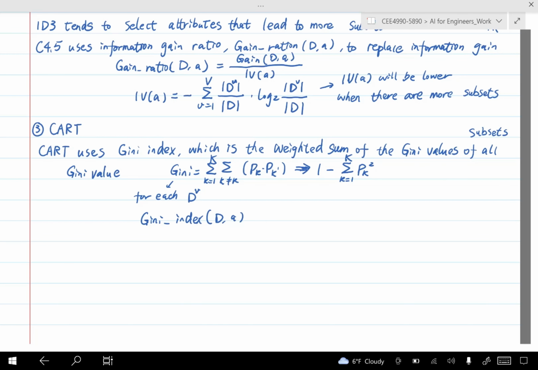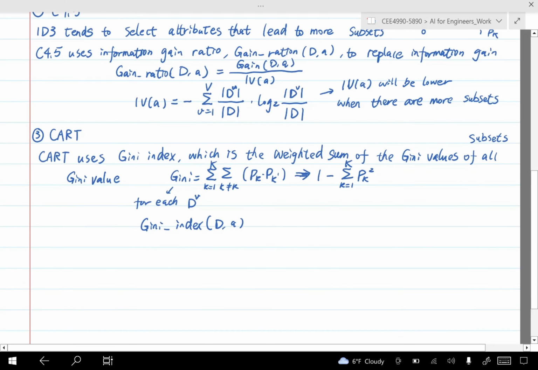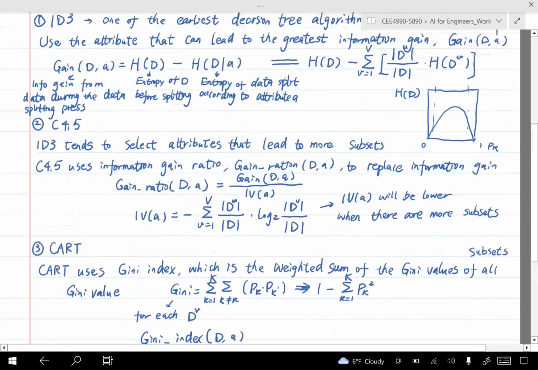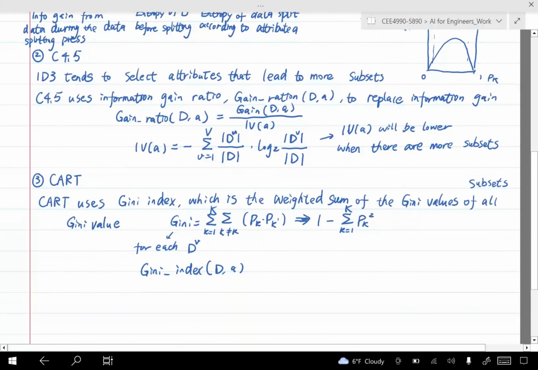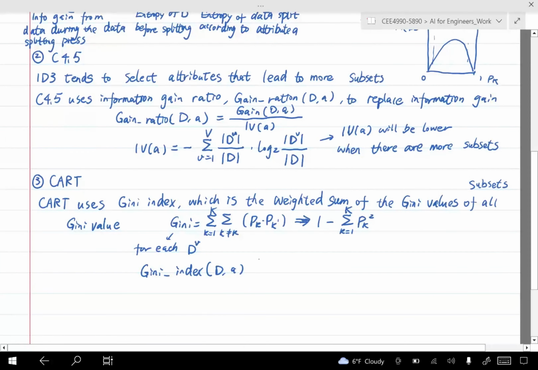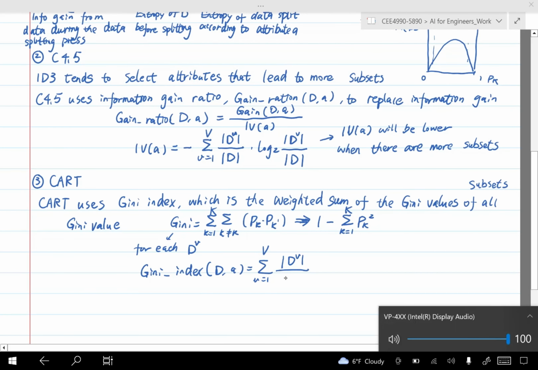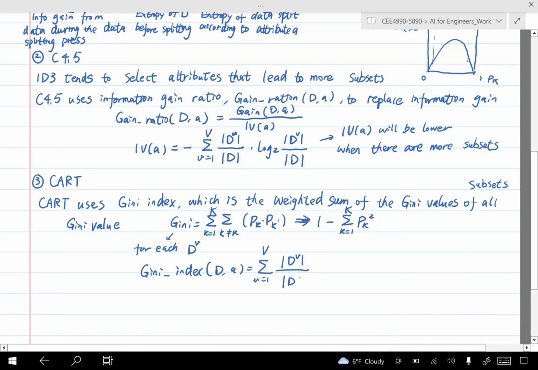Just like what we just did for the gain ratio, here you can see that this is a weighted sum, and the weight is the number of samples we have in each subset. From subset 1 to subset capital V, the weight is the number of samples belonging to the v-th subset divided by the total number of samples.